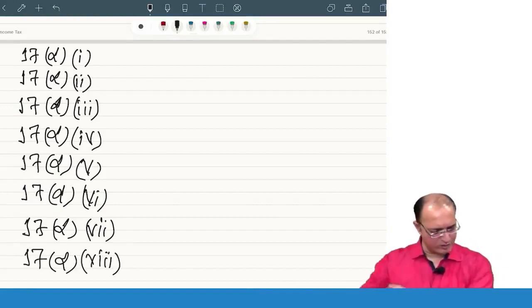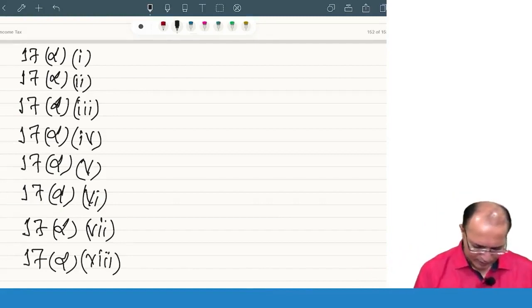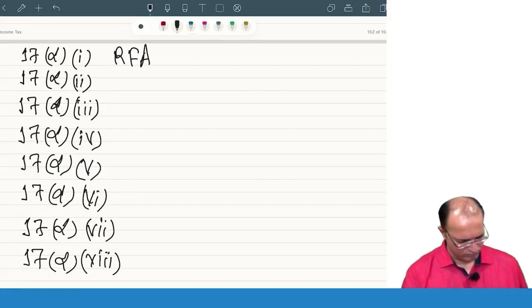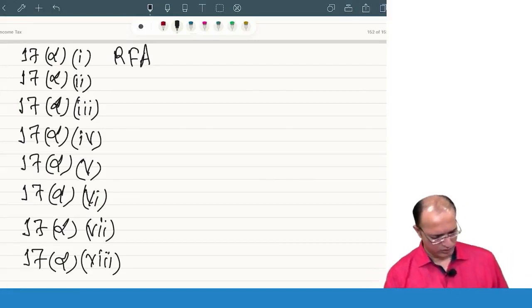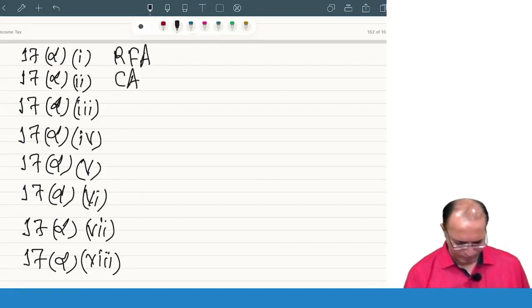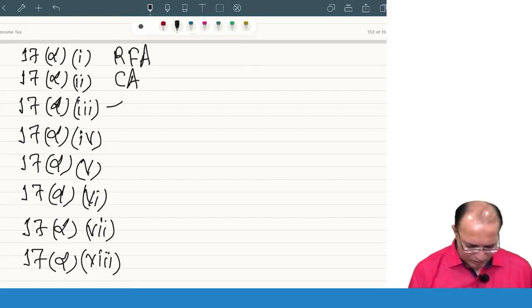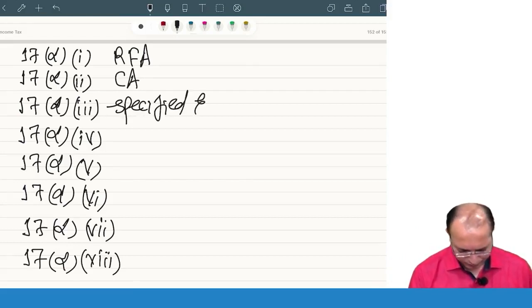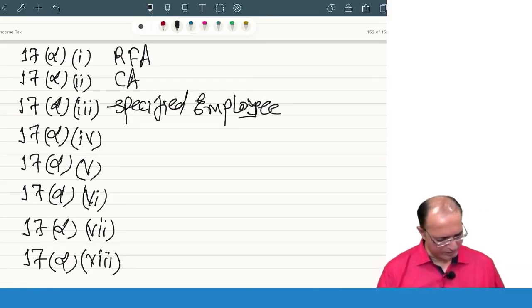Can you tell me what is point number 1? Rent-free accommodation. Point number 2 is concessional accommodation. Point number 3 is perquisites provided to specified employee.